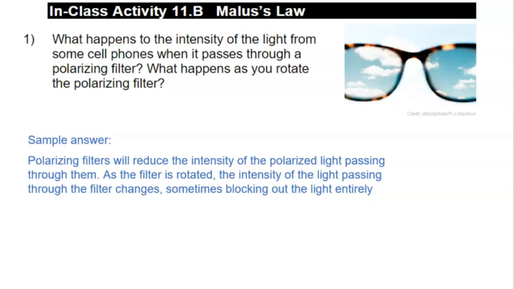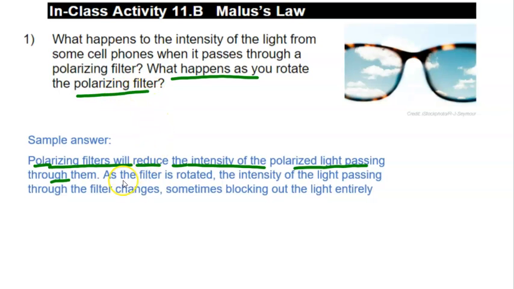Now, the answer to this question will differ, but a sample is that when light passes through a polarizing filter, the polarizing filter will reduce the intensity of the polarized light passing through. And the second question is, what happens as you rotate the polarizing filter?